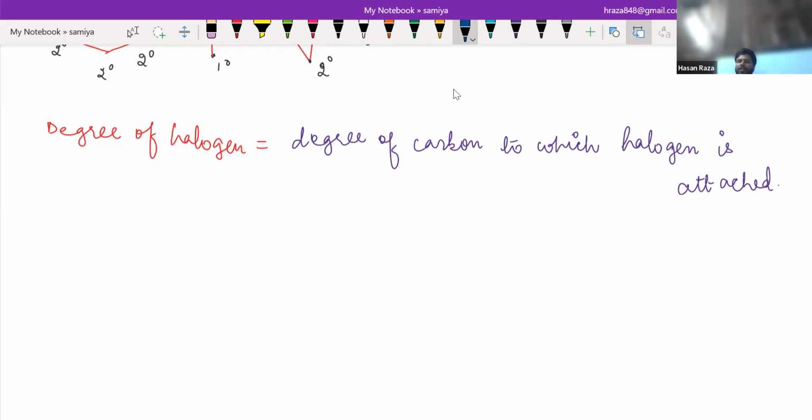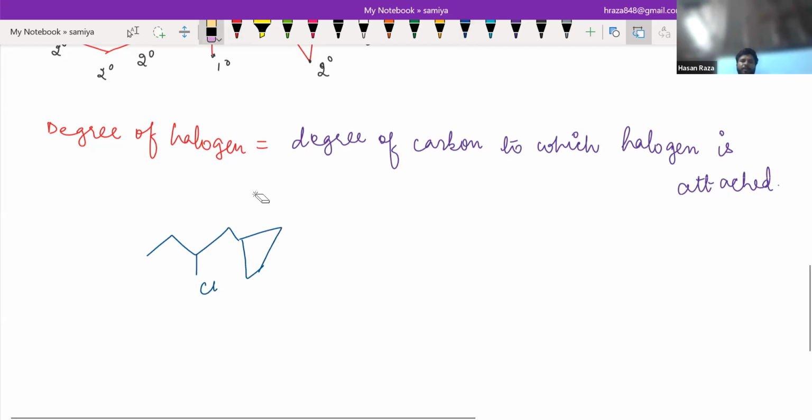which halogen is attached. Like if we have a structure like this, wait a minute. If we have a structure like this, you can see, if you are going to calculate the degree of this chlorine, that is halogen, you need to calculate the degree of this carbon, which is 2 degree.